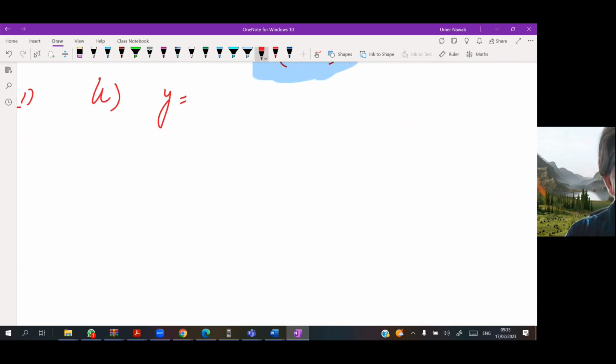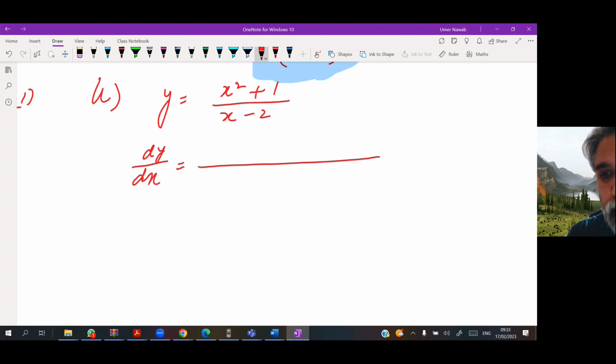y equals x squared plus 1 over x minus 2. 2x, the derivative of the numerator. Derivative of the denominator is 1.